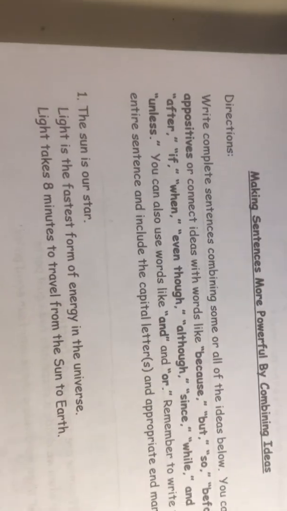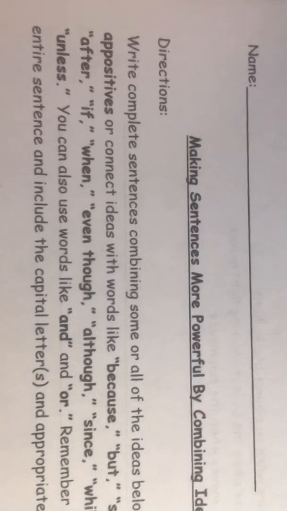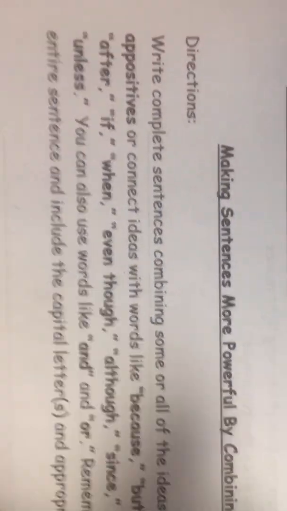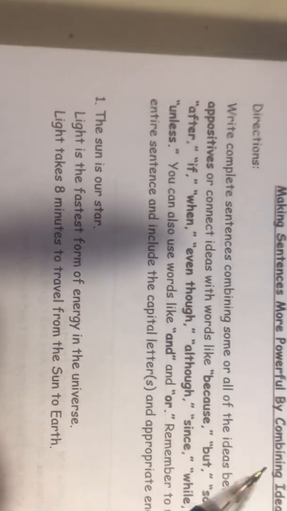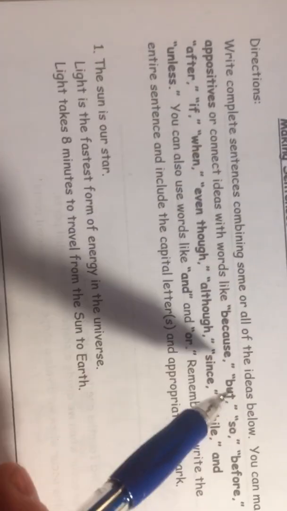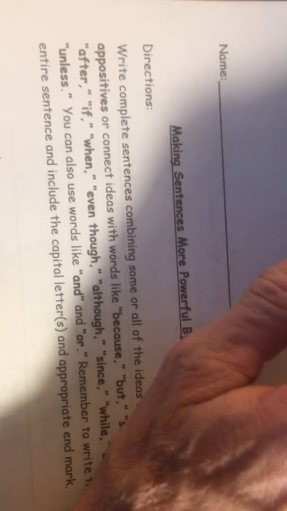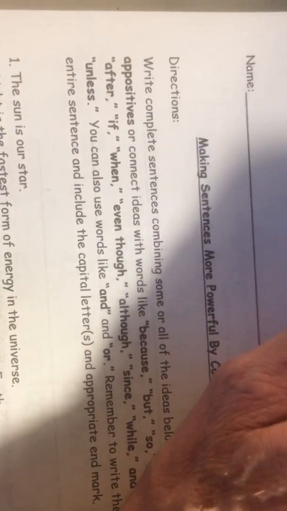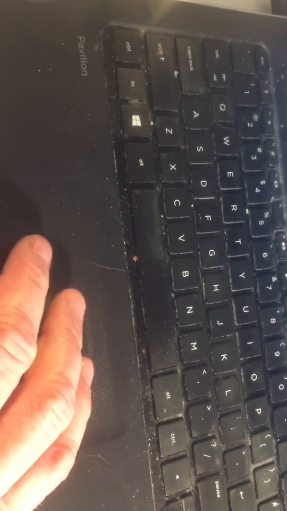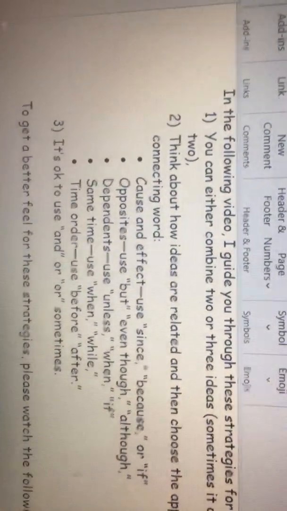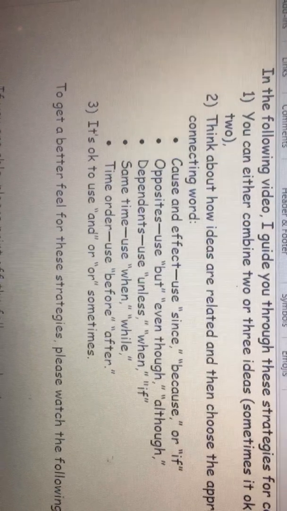And now I'm going to walk you through the directions for the sheet that you're going to be working on. So this is the sheet that your family will hopefully print out or at least click on so you can look at it. All the words are up here that you might want to use. And then in your lesson plan is all the hints about the types of relationships as well as other ways to combine sentences.